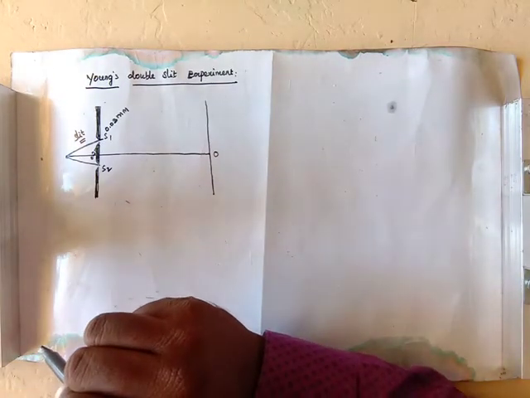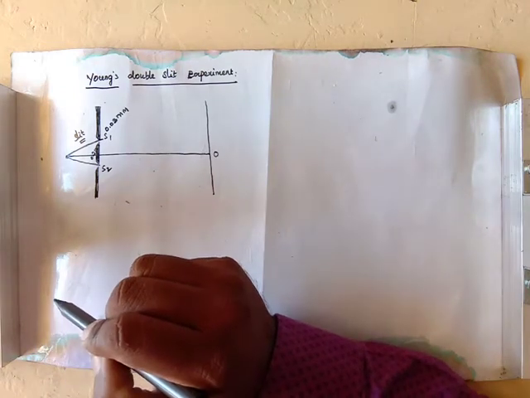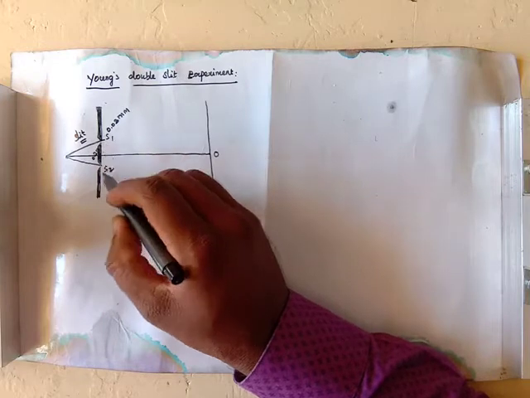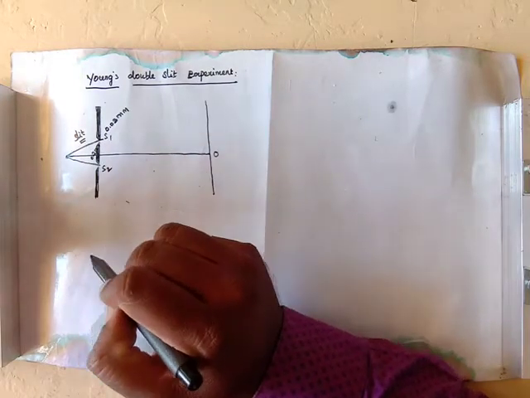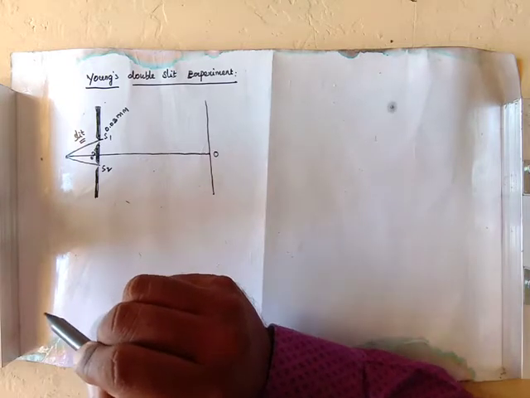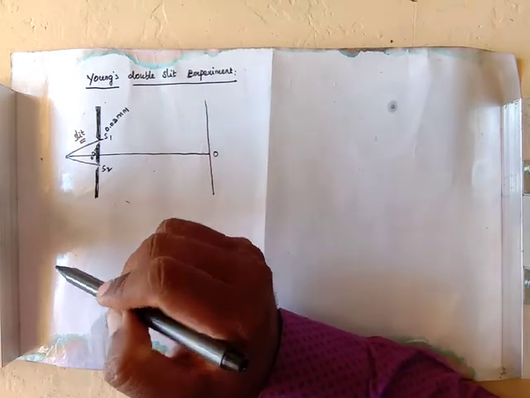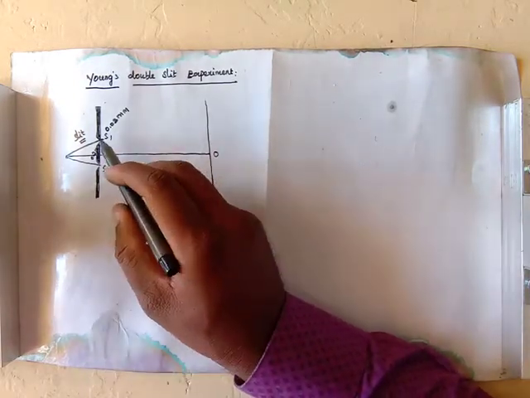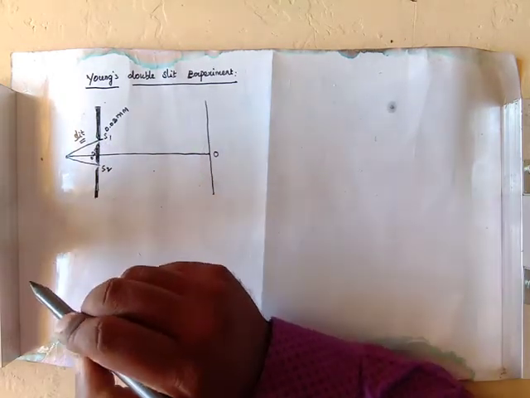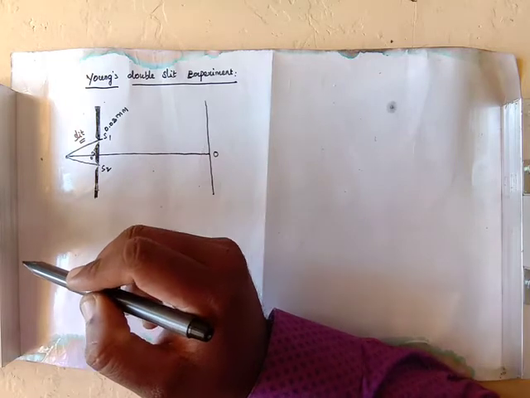Students, here S1 and S2 behave as coherent sources, to obtain the required interference pattern. I already taught you what coherent sources are.